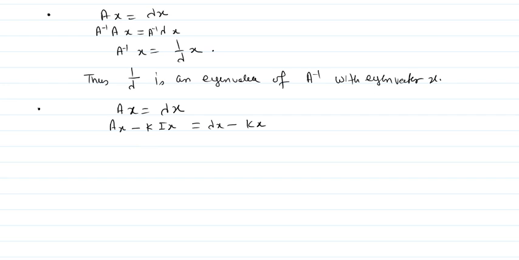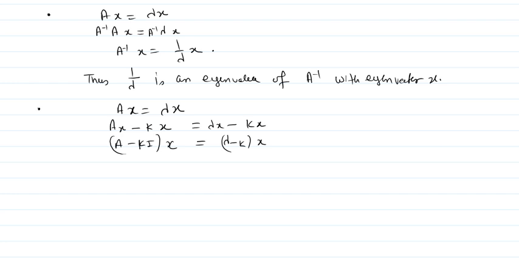I have written it in matrix notation, so identity is 1, so you can write kx as kIx. Then on the left hand side you can take x outside, so this is A minus kI, and on the right you can take lambda minus k, then x outside.